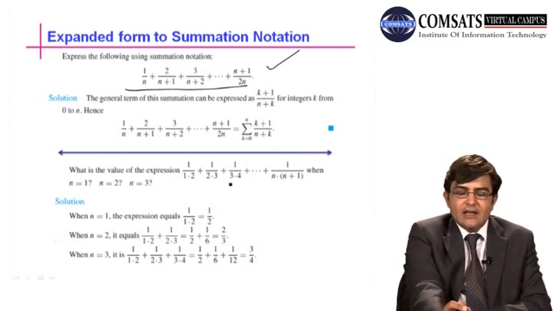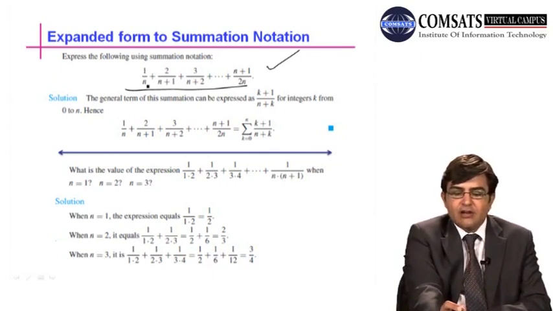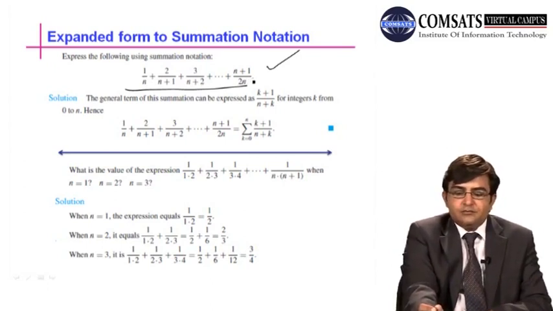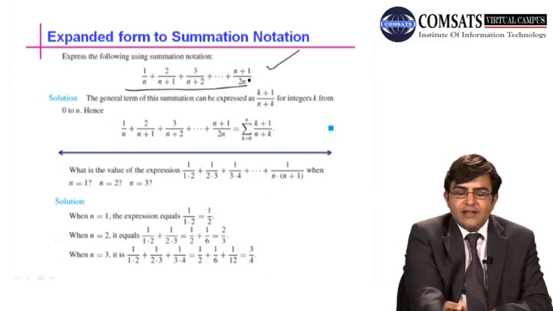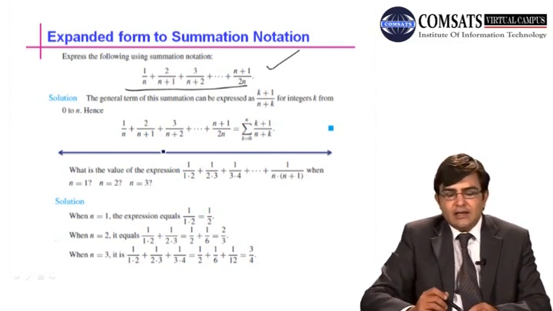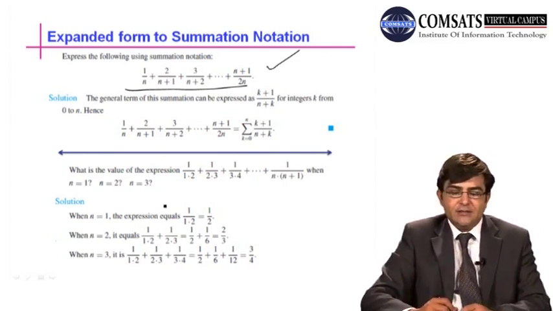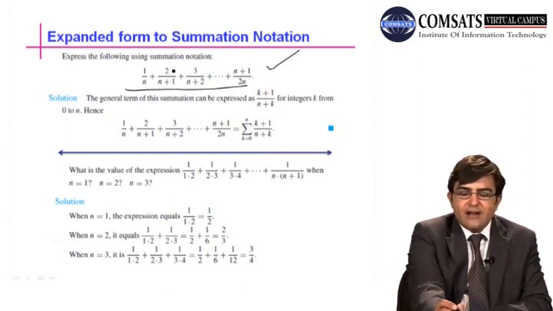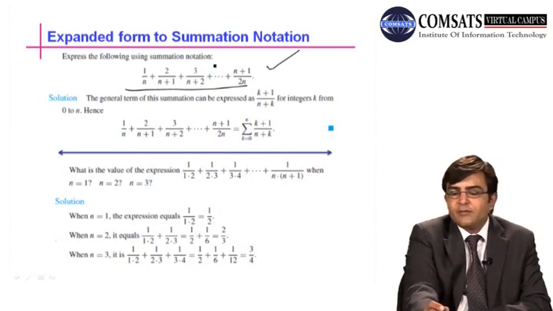Here you can see that we have 1 over n, plus 2 over n plus 1, 3 over n plus 2, up to n plus 1 over 2n. So how is the next term obtained from the previous term, or what rule can be applied here to obtain a general term? Here in the numerator you can see that we always add 1. 1 plus 1 is 2, 2 plus 1 is 3, 3 plus 1 is 4, and so on.